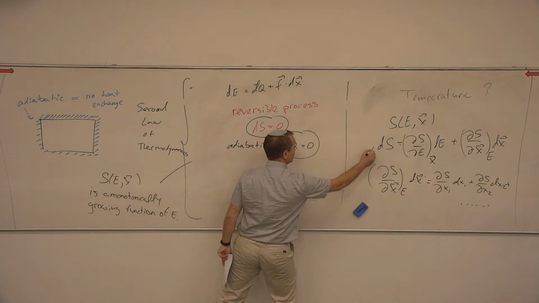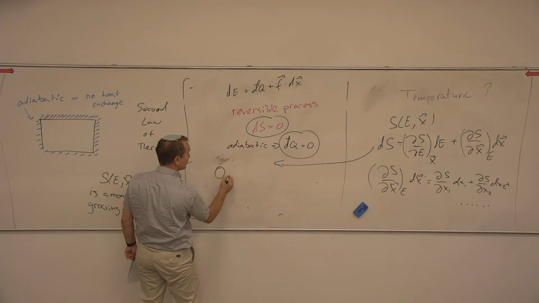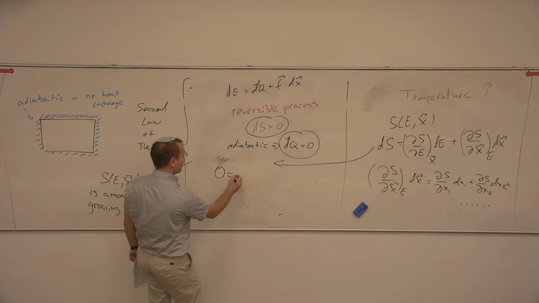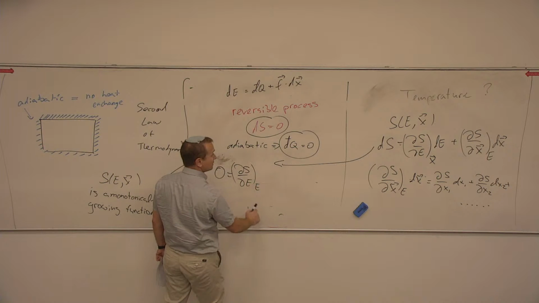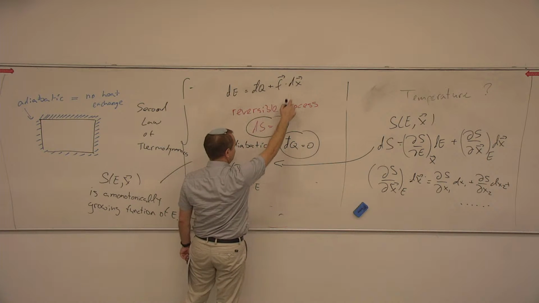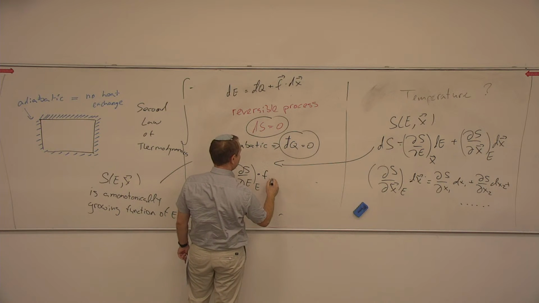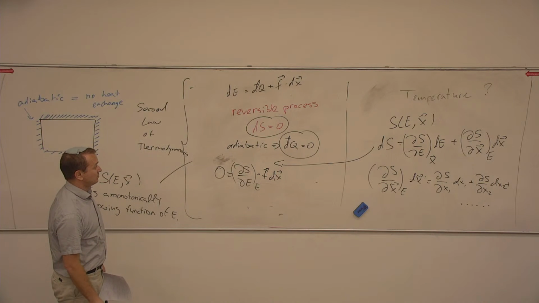I take this, and I know that dS equals 0, so 0 equals ∂S/∂E at constant x multiplied, instead of dE, by F dx. Down there is the x vector, right?